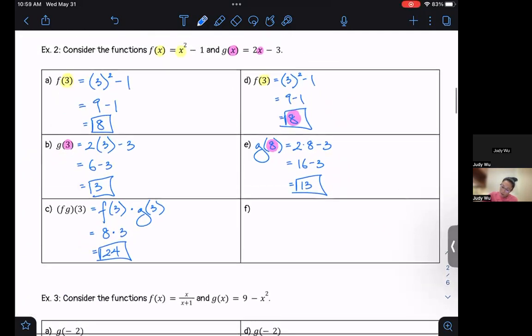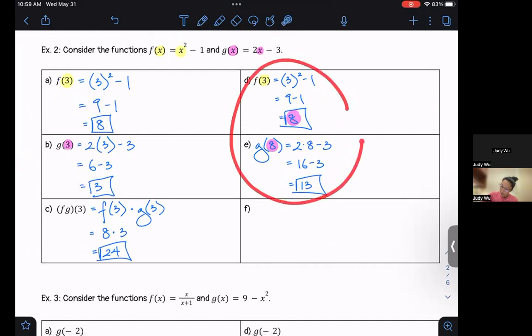Now, what did we do in D and E? Well, we took a function, we plugged in a number, and then we took its output and plugged it into a different function.